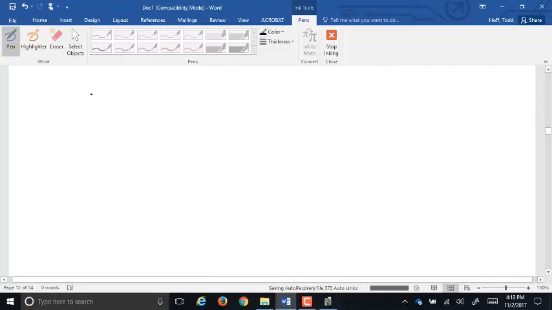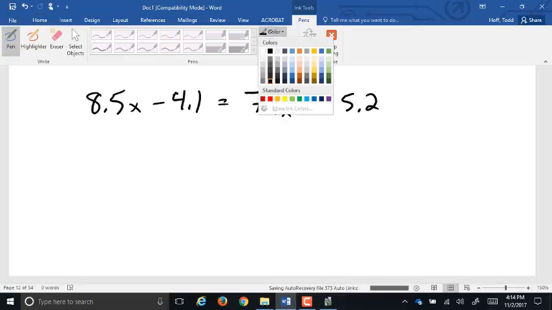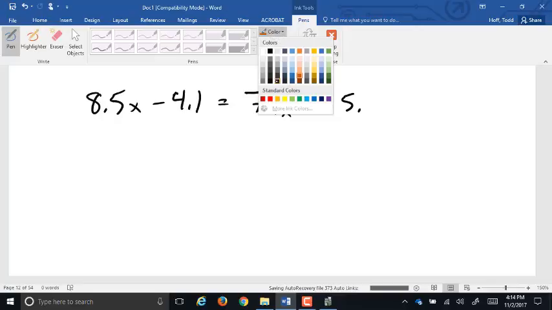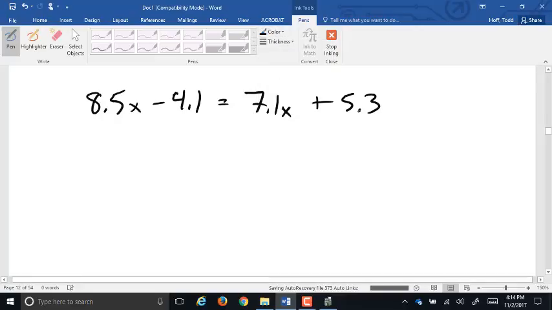What about if we run into something like this? Actually, let's make this 5.3, make it work a little easier for me. What's different here?